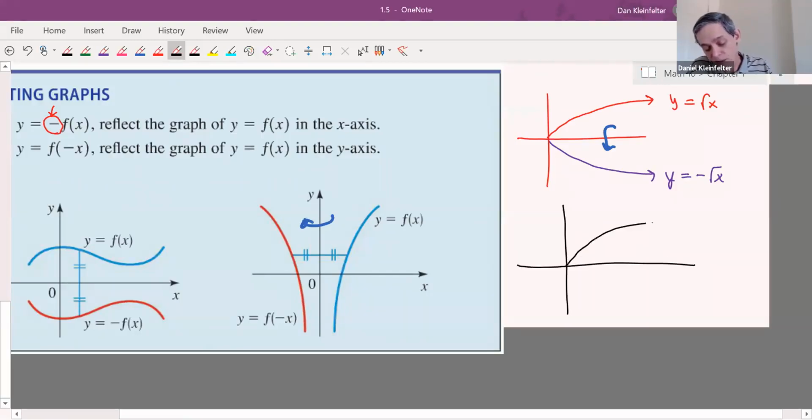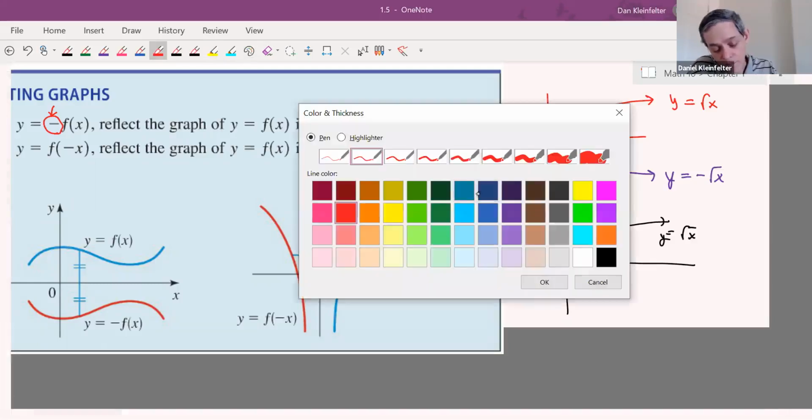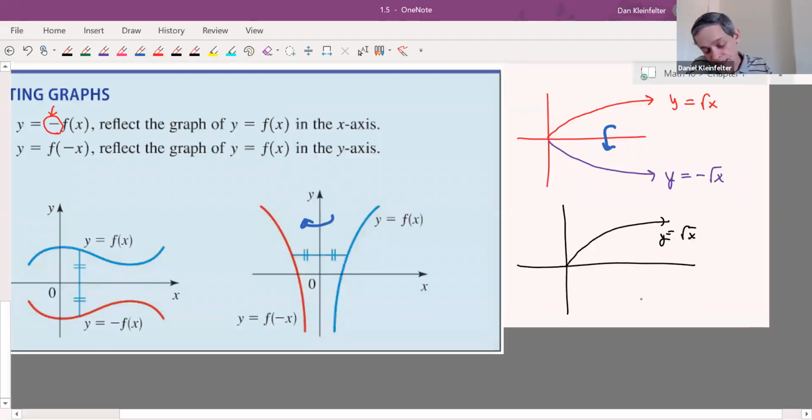The graph of the square root of x looks like this. If we wanted to take the graph of square root of minus x, that would look like this, reflected across the y-axis.